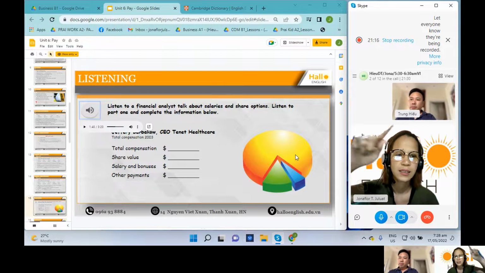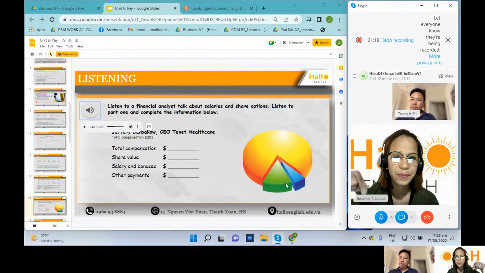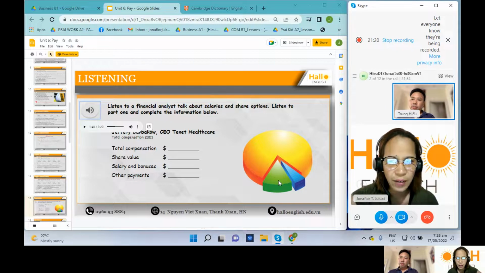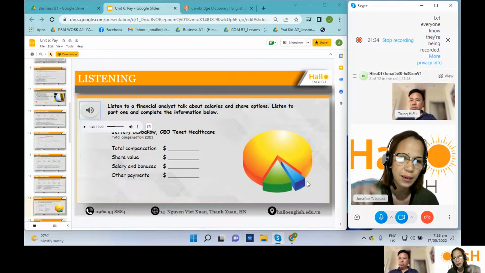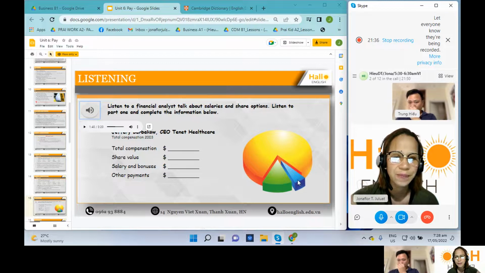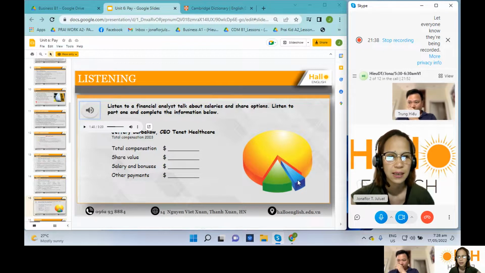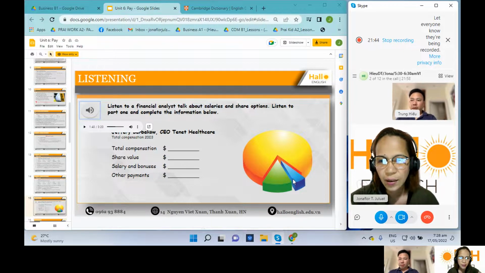The whole circle is the total compensation, right? And the share value is the green one. No, the share value is the yellow one, the biggest part, and then salary is the green, and other payments is the blue one, right? Because other payments is only 250,000, so it's the smallest.